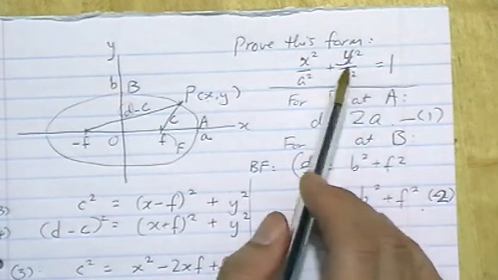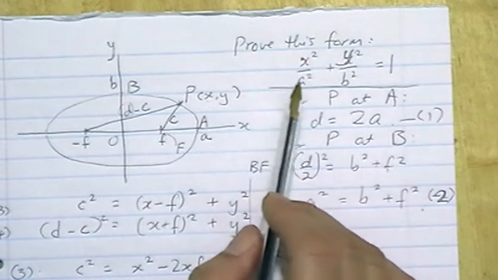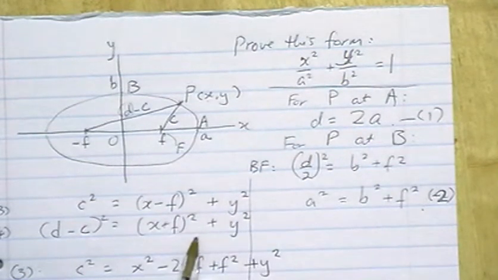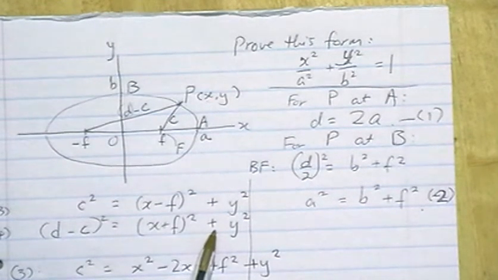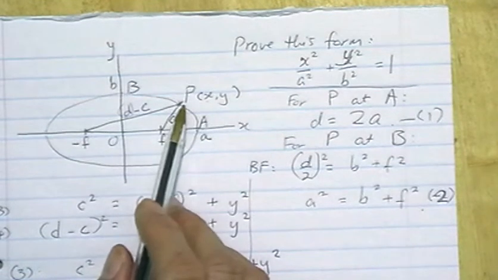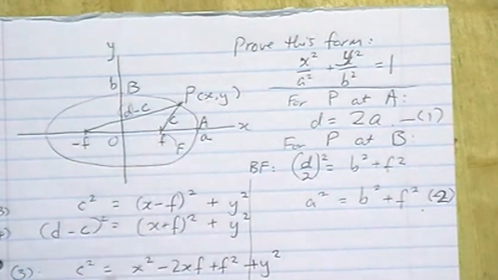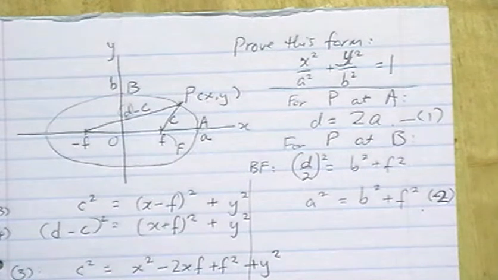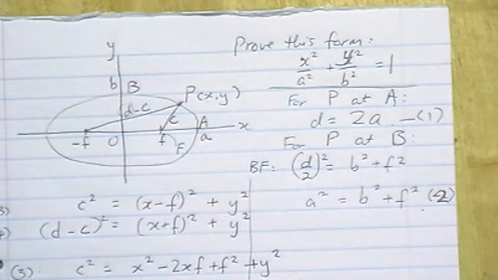Assuming that this is true, if I substitute this into 3 and 4, because 3 and 4 give me the lengths of these two sides, I must be able to show that substituting this equation into 3 and 4 will give a total of these two sides that is equal to a constant, which is D. So that's what I shall try and do.